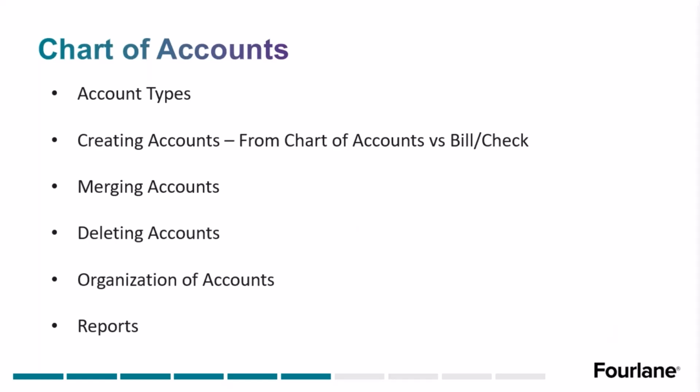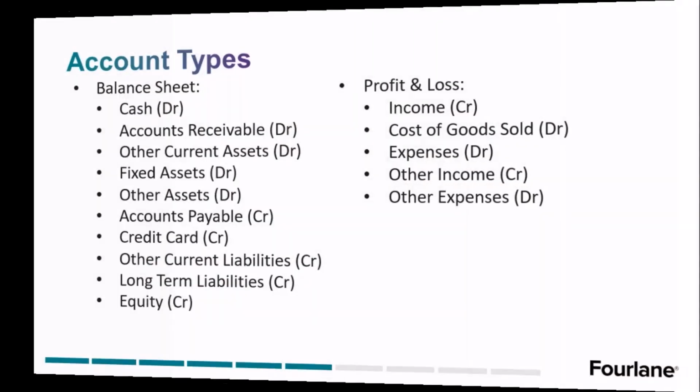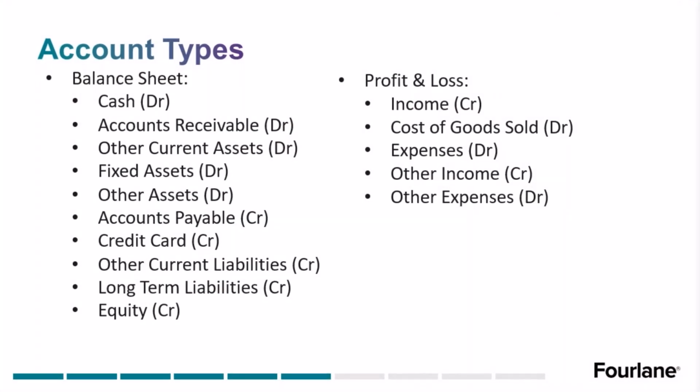So when we look at chart of account types, we're kind of talking about two different areas of reporting, the balance sheet and the profit and loss. Okay, because the reason that we have account types is so that the reporting on the balance sheet and the profit and loss is correct. Okay.